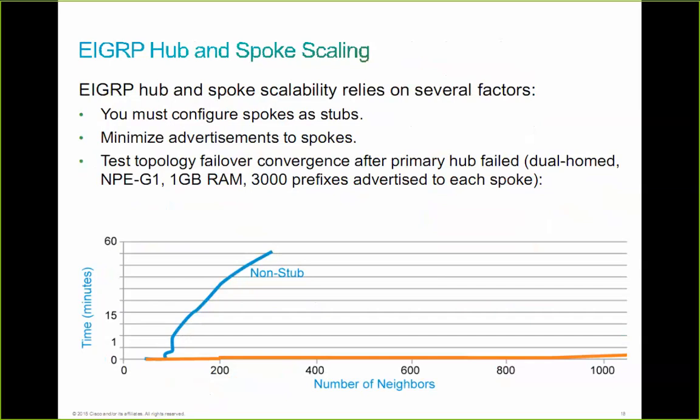EIGRP scalability in a hub and spoke environment relies on a couple of different factors, right? When the spokes are connected to the hub, if they're connected to the hub over multiple interfaces, the processor itself is the primary limiting factor. That would be like a point-to-multipoint topology or a multipoint topology.